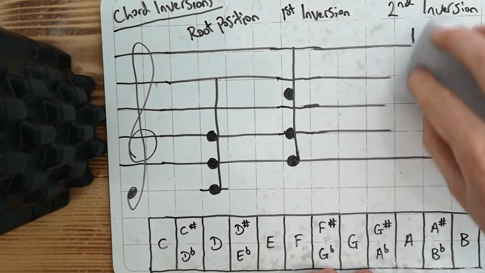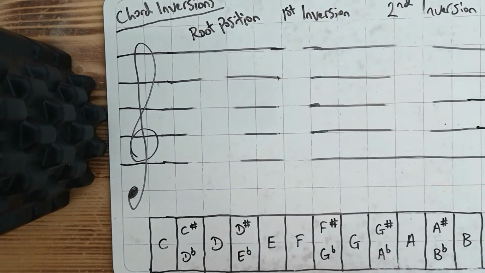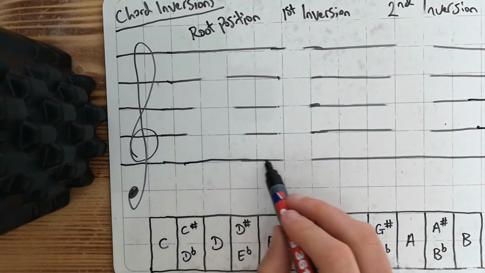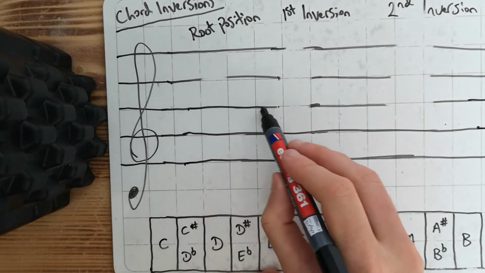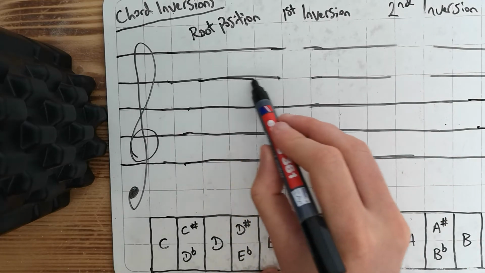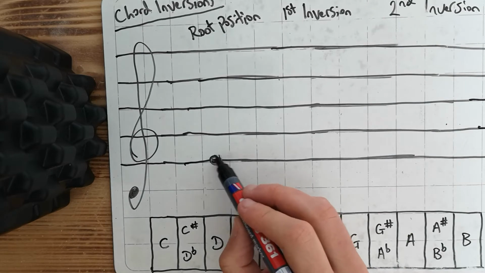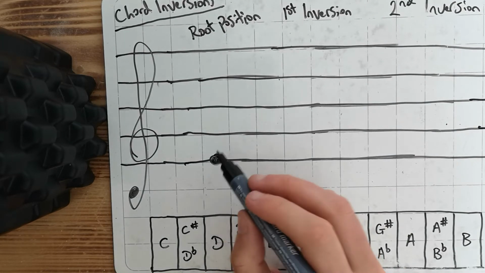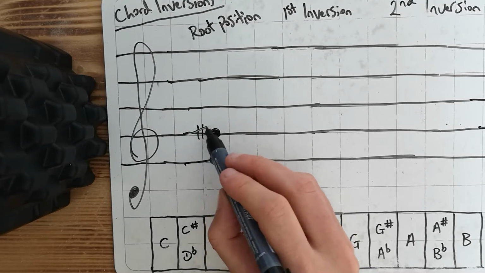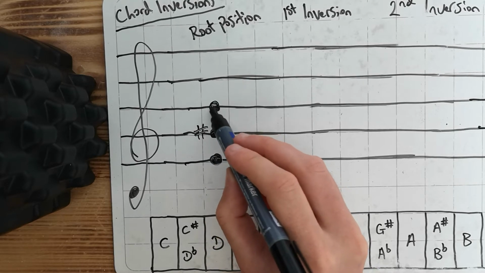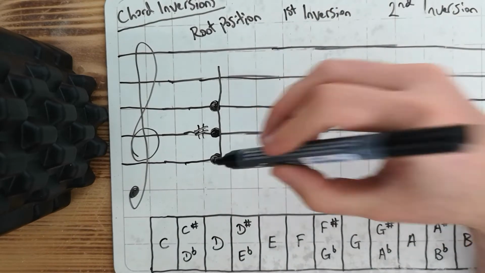So if I now do another example of E major, in root position, you start off with E on the bottom. I've then got G sharp, and I've then got B. That's in root position because my root note of E is in the bass.